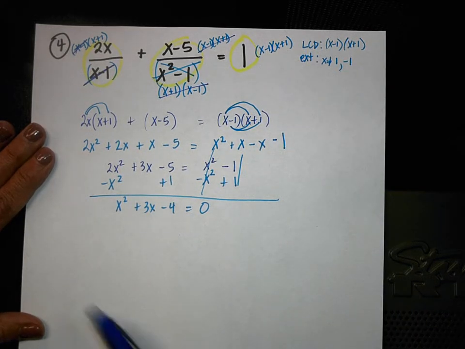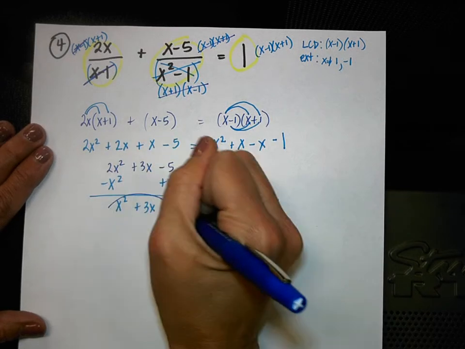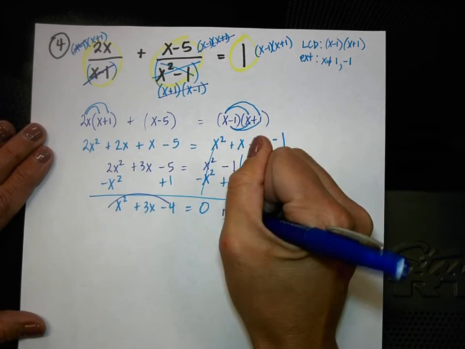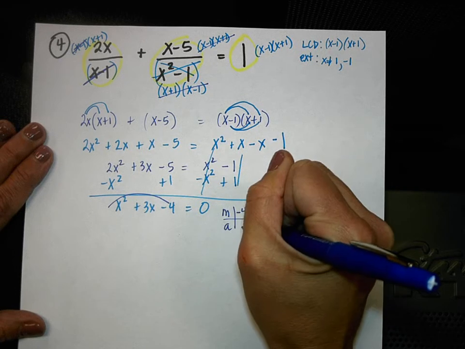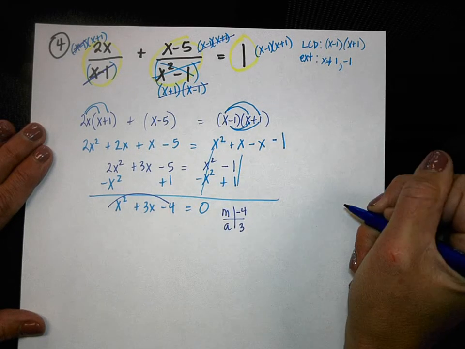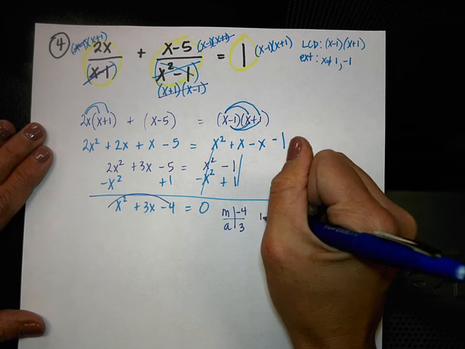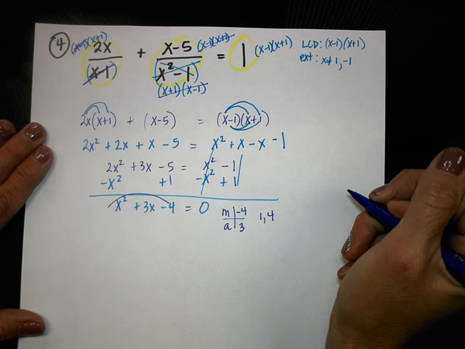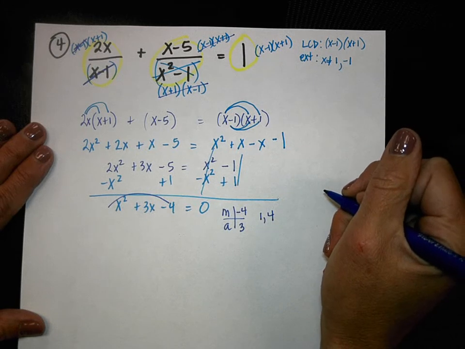Next, because I have 3 terms, how will I factor? Our trinomial factoring, right? We are going to find our multiplication number, which is negative 4, and our adding number is positive 3. So what numbers will end up working? 1 and 4. And one of them has to be a negative, so which one will be negative? 1.